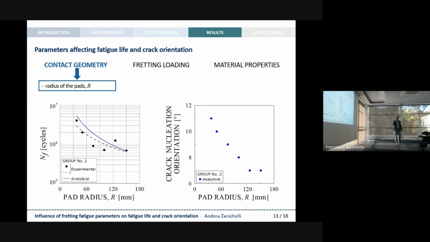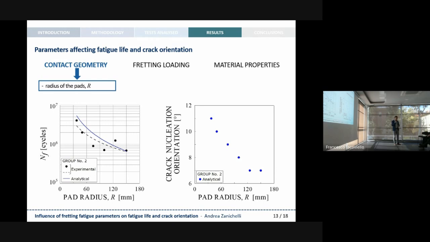Both those results decrease as the pad radius increases when computed by means of the present methodology. And in the figure on the left, the experimental estimations related to group number 2 are also reported.